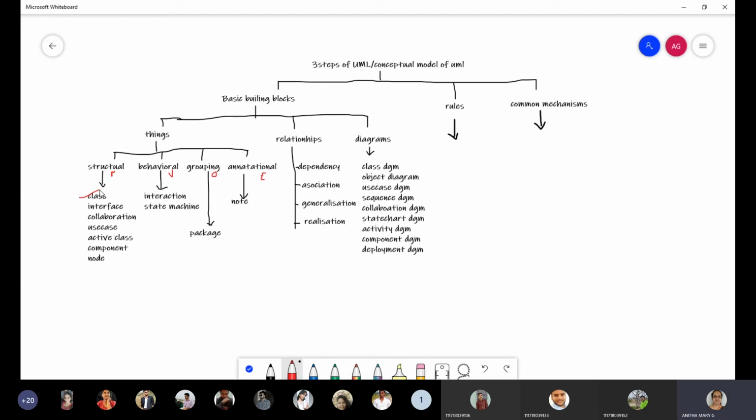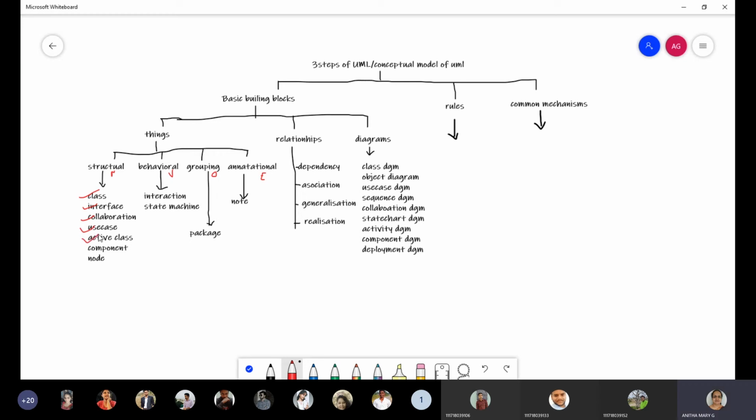Coming to the first one, how is it represented? A rectangle with 3 compartments: name, attributes and operations. Then interaction is a circle, collaboration is a dotted ellipse, and use case is a solid ellipse.